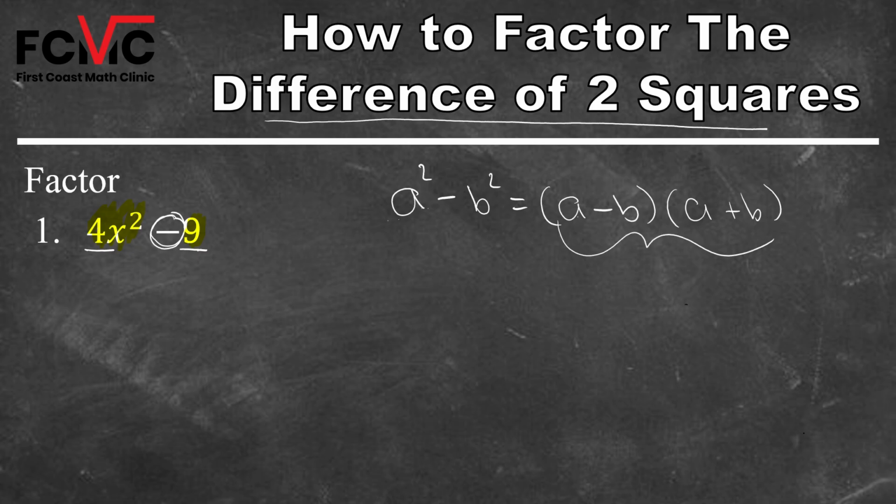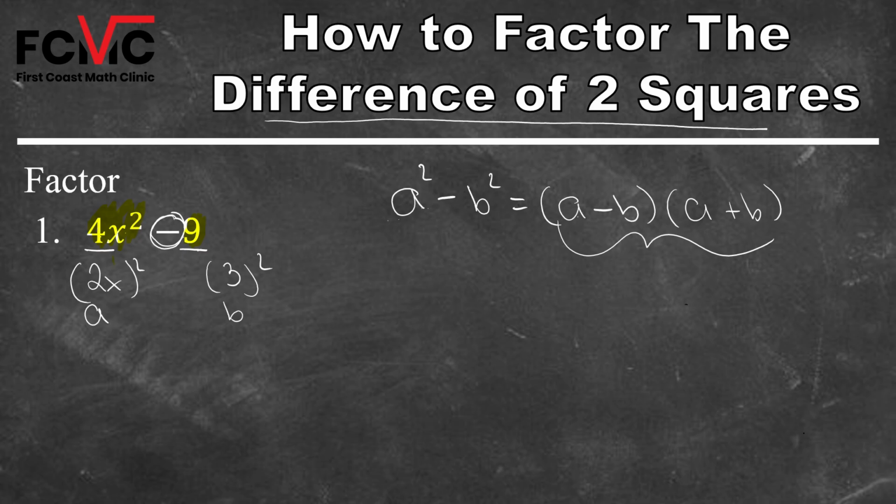So all we have to do is figure out, what are we squaring to get 4x squared? Well, I'm squaring 2x, that's going to be my a value. What am I squaring to get 9? Well, I'm squaring 3, that's going to be my b value.